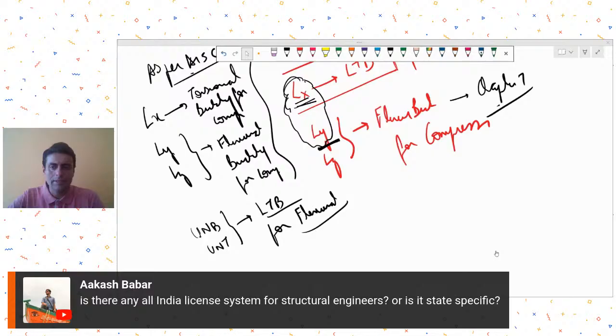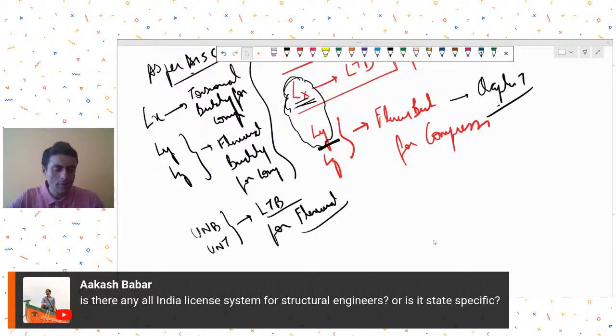Mr. Akash Babar is asking, is there any all India license system for structural engineers? No. Or is it state specific? It is state specific, but these licenses nobody asks, in my opinion, unless you are doing some structure which has to be certified by a municipal authority.